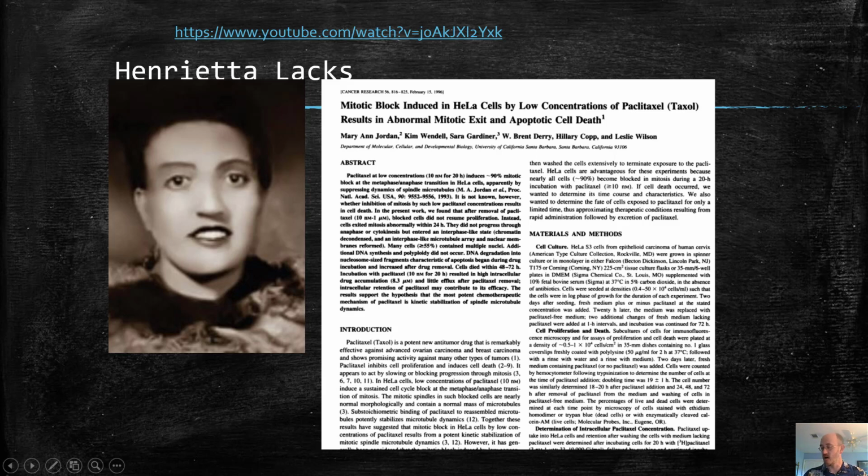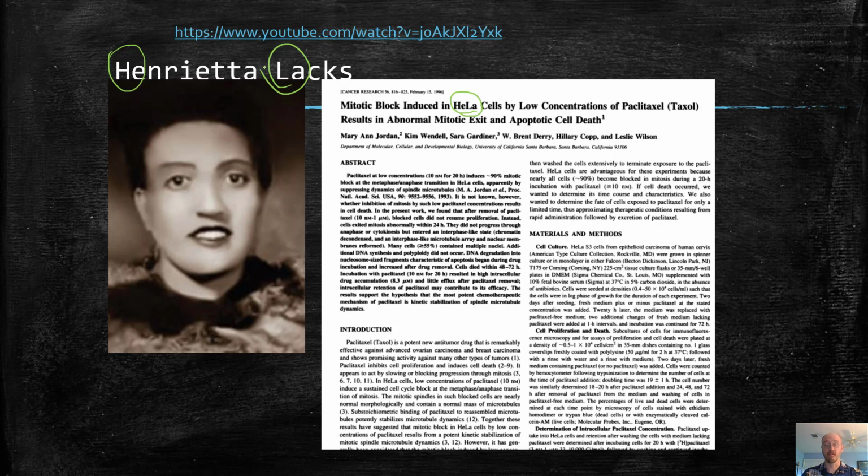She died, unfortunately, right after that from cancer. But her cells still live on today. And if you ever see a scientific paper with HeLa cells, that comes from Henrietta Lacks. And there's also a lot of ethical implications with her story, because a lot of companies have made lots of money off of her cells, but her family didn't even know it was happening, and they were also very poor.